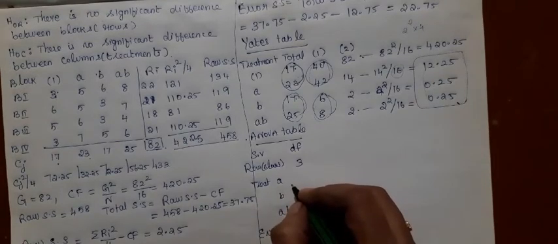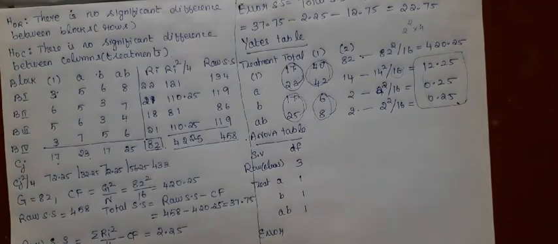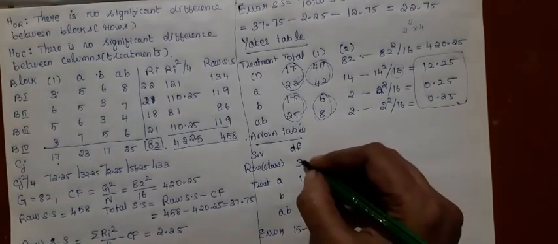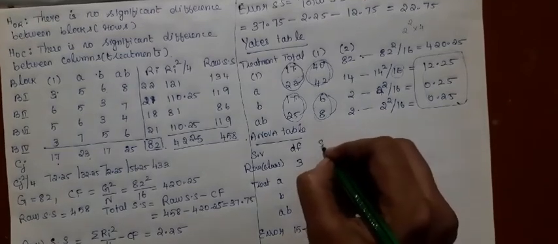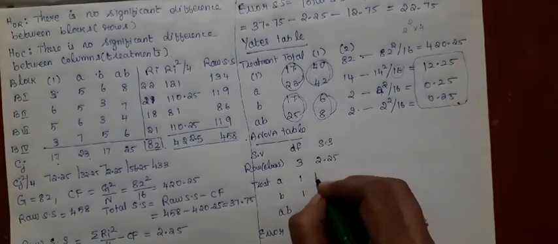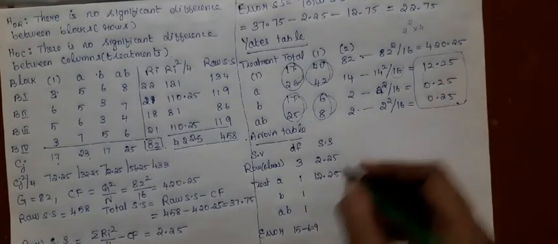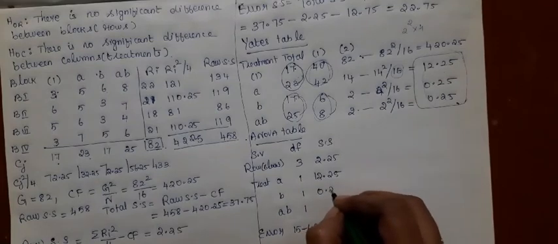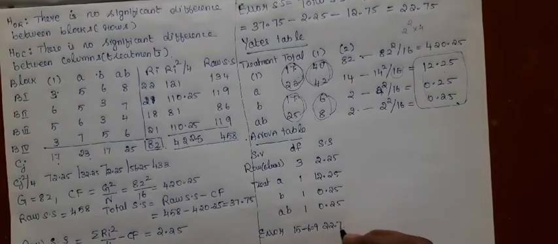You have each treatment in 2 levels, so 2 minus 1 is 1, 1, 1. Error, you have 16 observations, 16 minus 1 is 15. Here 15 minus, add all these, 3, 4, 5, 6, you get 9. Sum of square, due to row is 2.25, due to A is 12.25, which we have computed in 8th table. This is 0.25, 0.25, 22.75, 37.75.